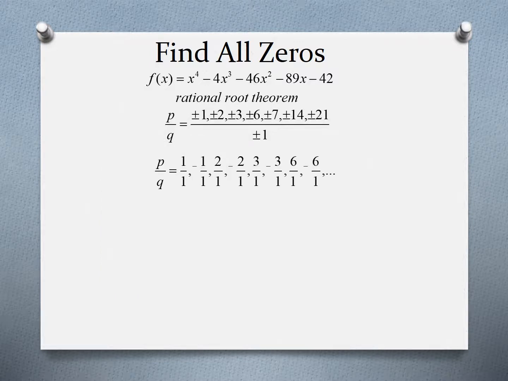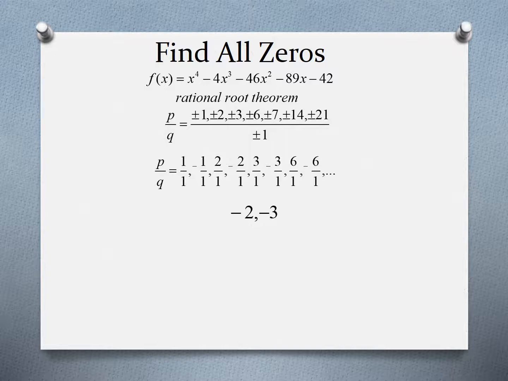Once I have all my possible rational zeros, and you see here I've listed them out in case the first representation didn't make so much sense, then I can use my calculator to determine which ones are my actual rational roots by checking which of these values actually make 0 if I substitute them into my original function.